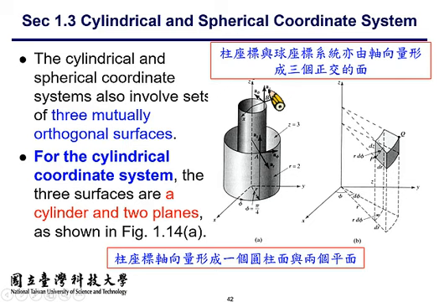That becomes dr times r d theta times r sin theta d phi.